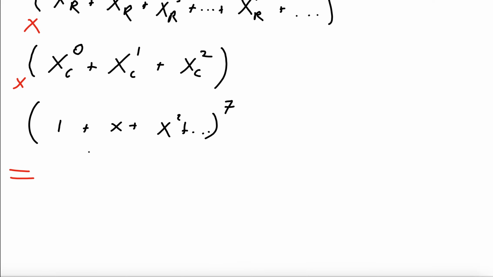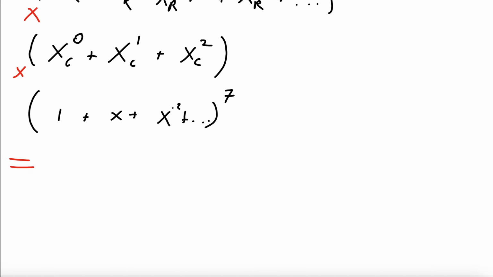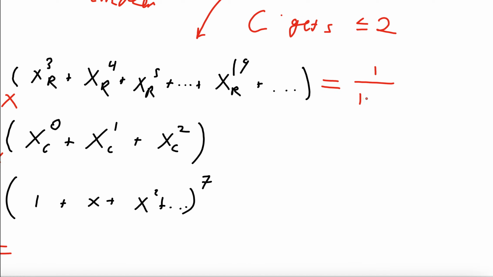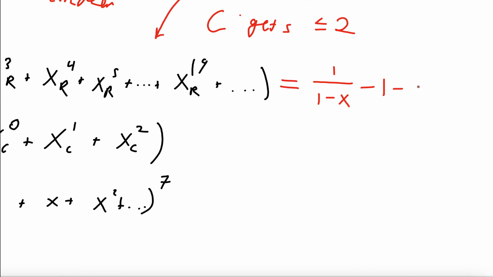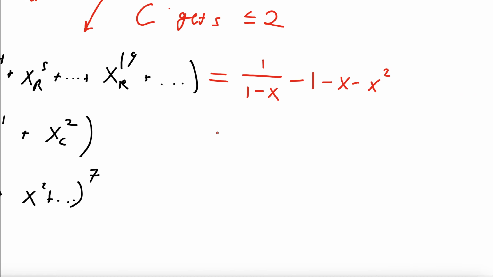Well, we get, first of all, x cubed plus x fourth plus x fifth all the way up. This can be rewritten as the following for Rudolph. This could be the geometric series 1 over 1 minus x, subtracted from that the minus 1 term, the x term, and the x squared term. So let's rewrite it like this. And then what we can do here is bring everything under one denominator, or factor it out essentially.